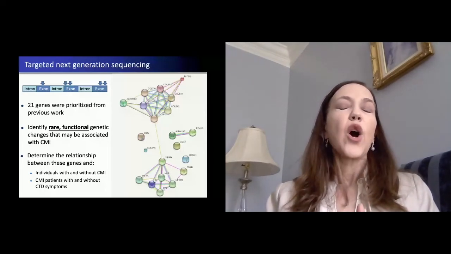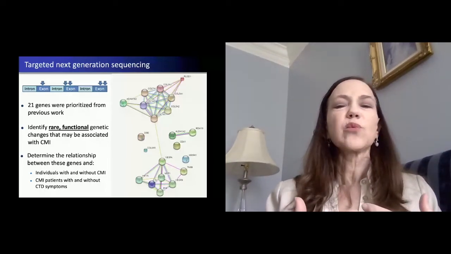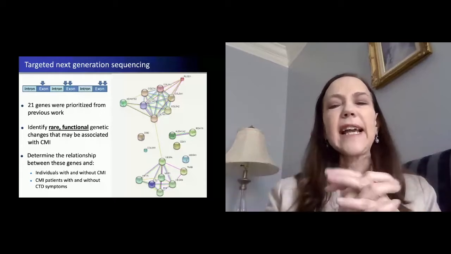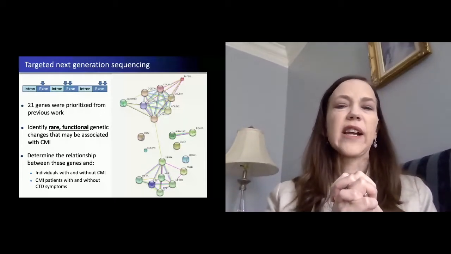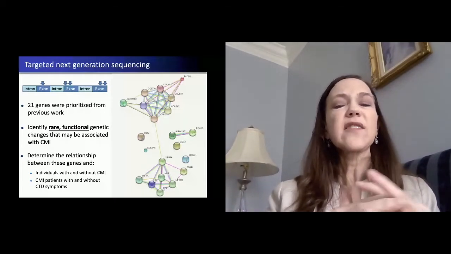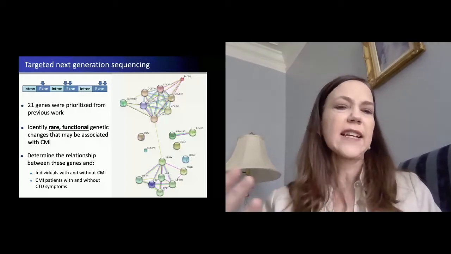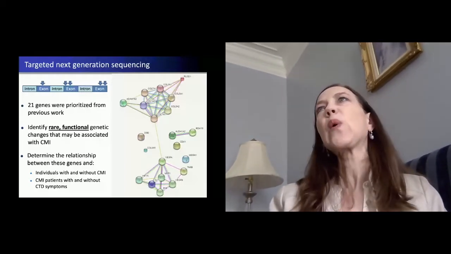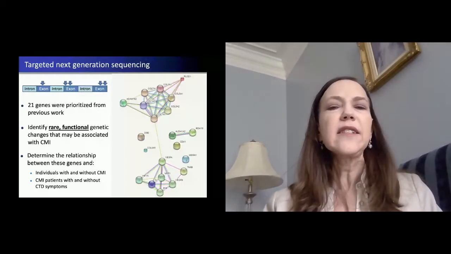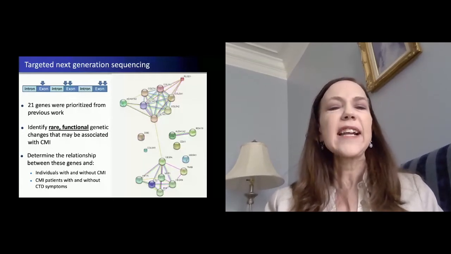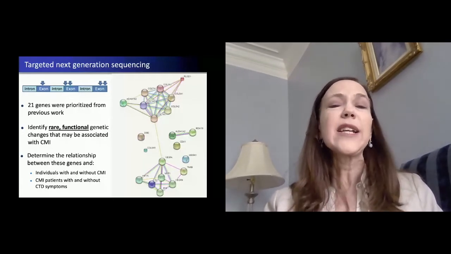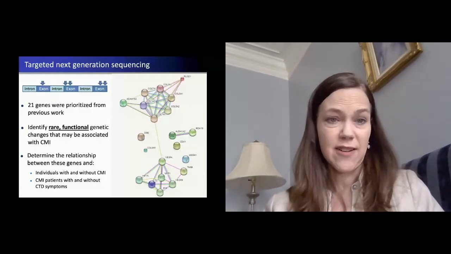So our goal, really, if you look at the top of the screen, was to focus on what we call functional genetic variants. These are more likely to be genetic variants encoded in what's called exons.